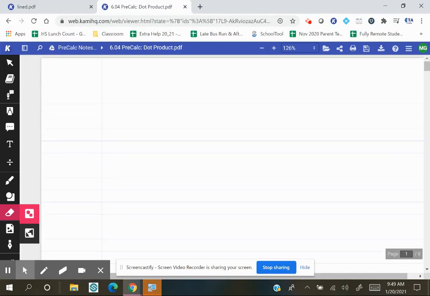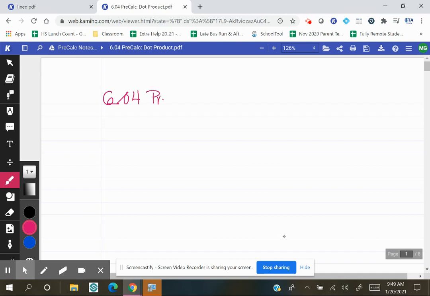Hello, we're on 6.04 for Pre-Calc today, and we are going to be talking more about vectors, and specifically about the dot product of vectors. So, what are dot products?